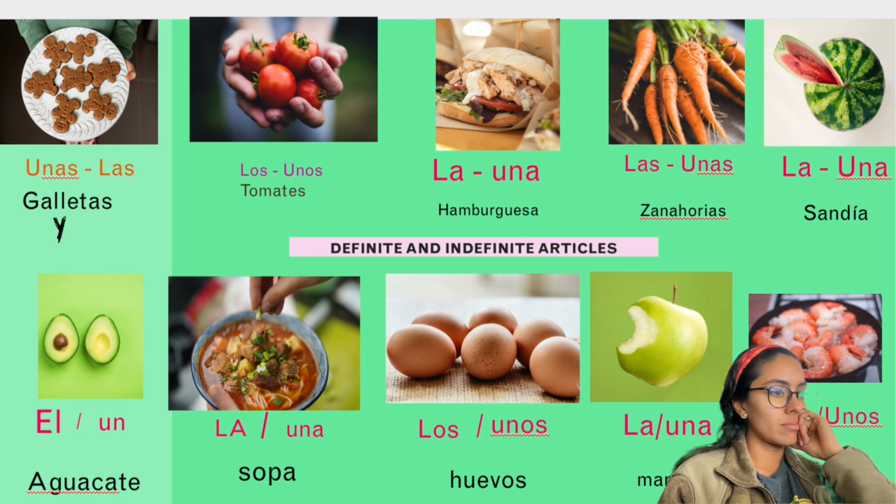Unos tomates. La hamburguesa. Una hamburguesa. Las zanahorias. Unas zanahorias. La sandía. Una sandía. Very, very good.